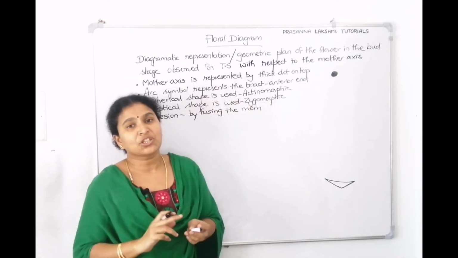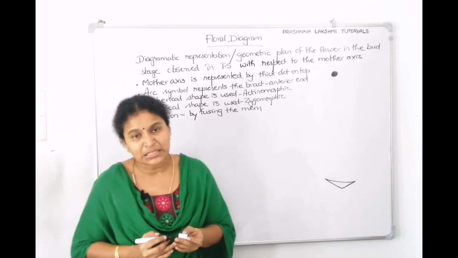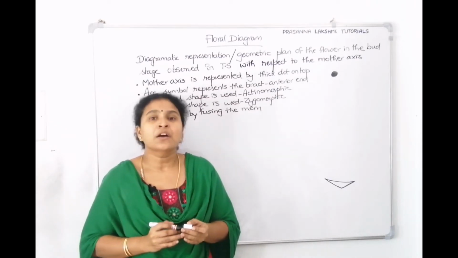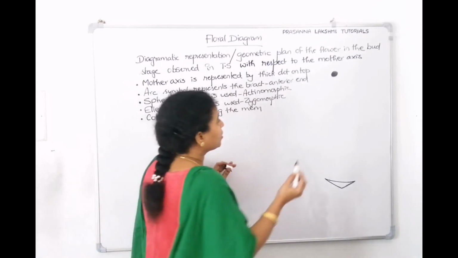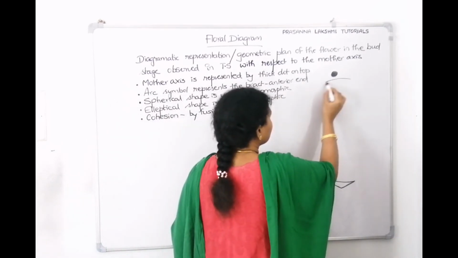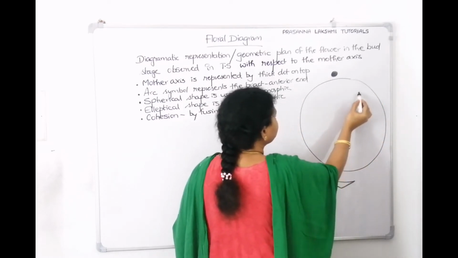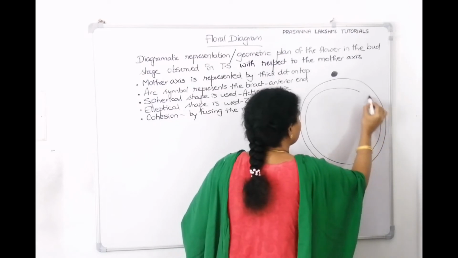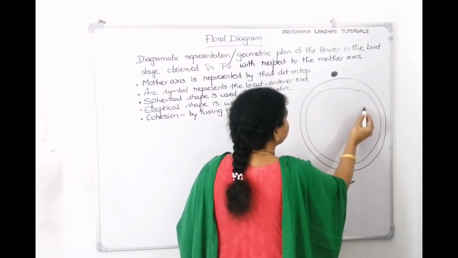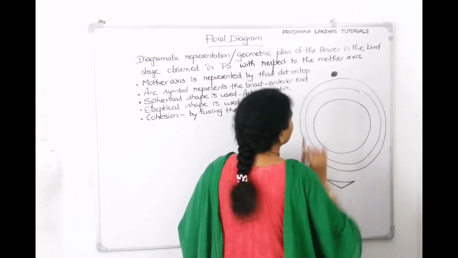Now, poly condition, separate condition, is denoted by separating them. For example, Brassicaceae is actinomorphic. For actinomorphic, I am going to draw circles here. One circle, another circle, another circle.